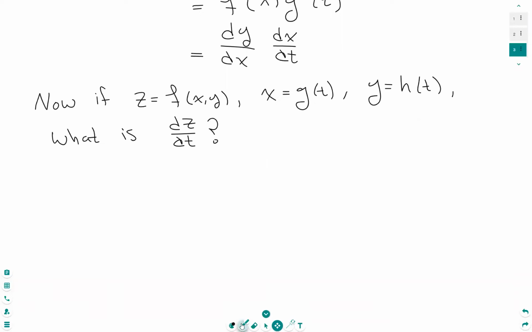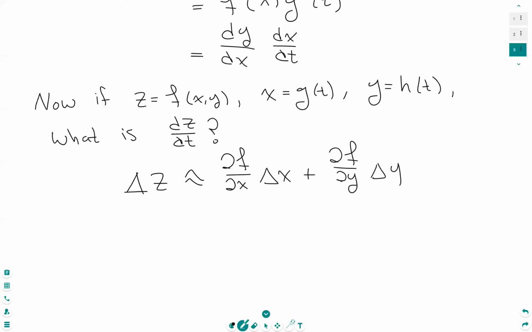So let's start with differentials. The change in z was, from just before, partial f, partial x, the change in x plus partial f, partial y, the change in y.